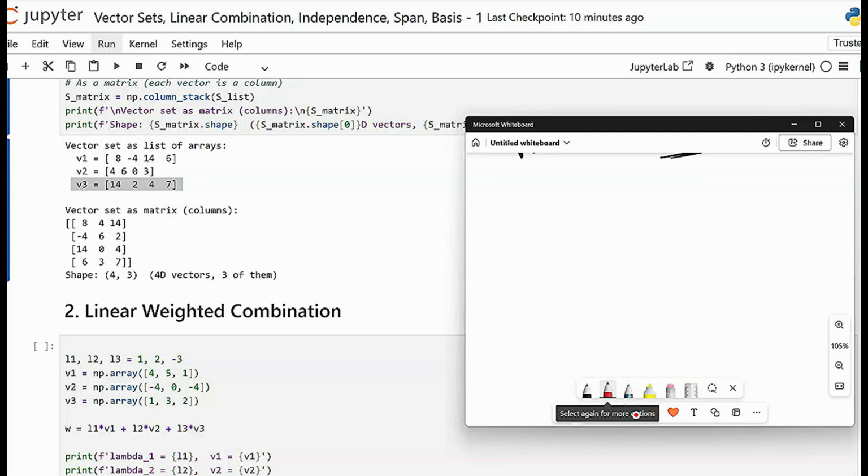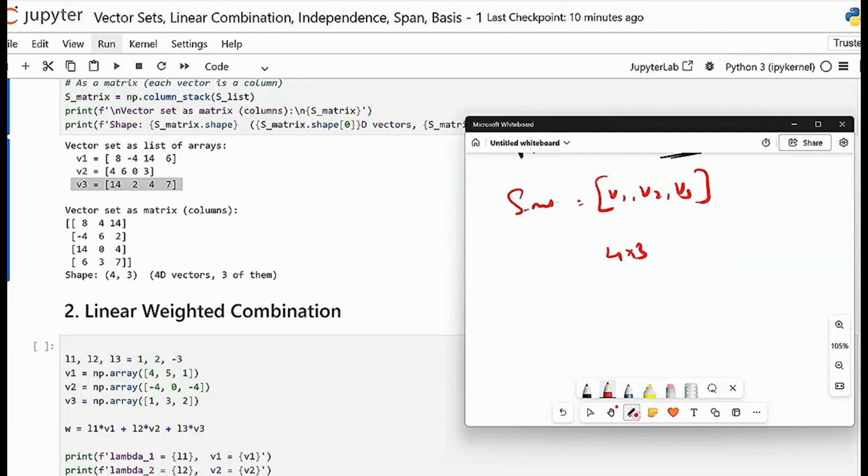Here we go, this is our matrix, and here we have V1, V2, and V3 as our result. And when stored, it made a 4 by 3 matrix, that is 4 rows with 3 columns, where each column is a vector.